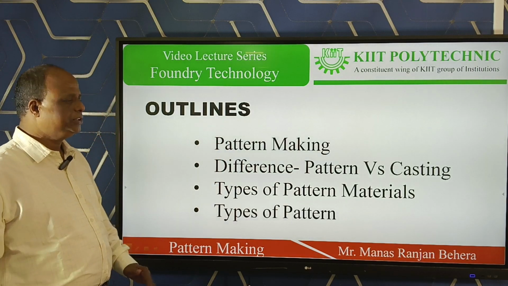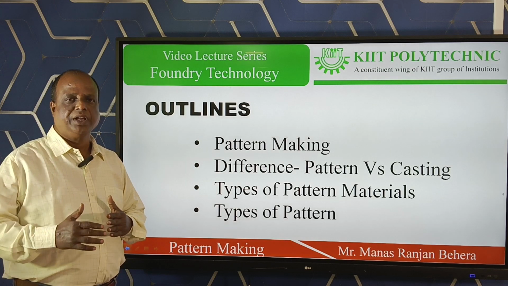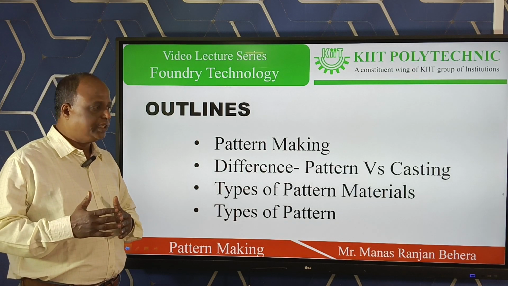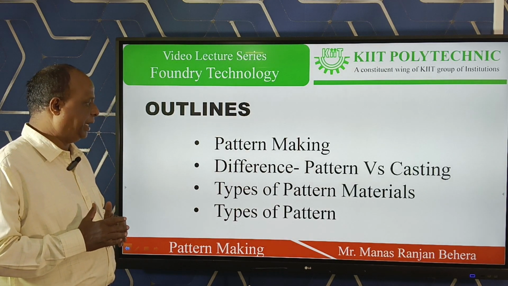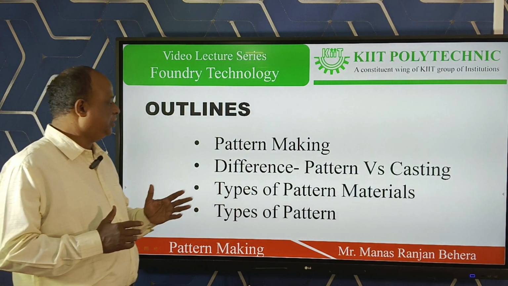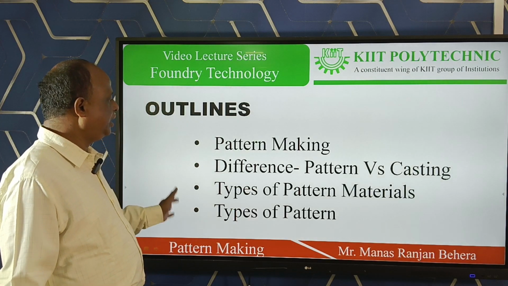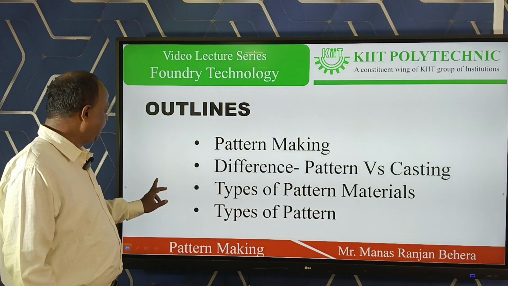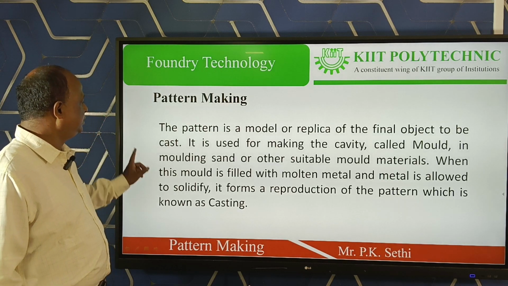Pattern making means the process by which we can manufacture or make a pattern from a suitable pattern material. Before that, we have to know the difference between a pattern and a casting. So this is the pattern.